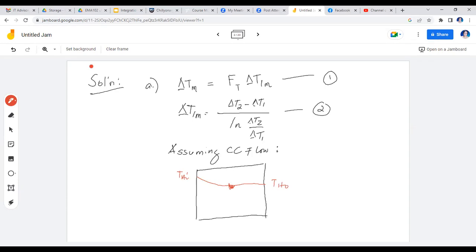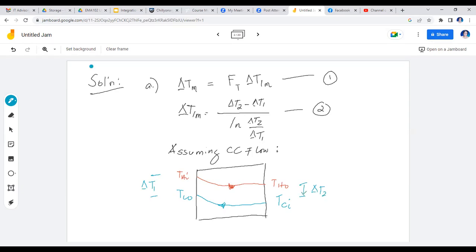Now, your cold fluid, what will happen with the cold fluid? I will have it as blue because it's cold. So your cold fluid would be something like this, TCI, TCO. Now, if you have done this already, then you can get the very important delta T1 and delta T2.